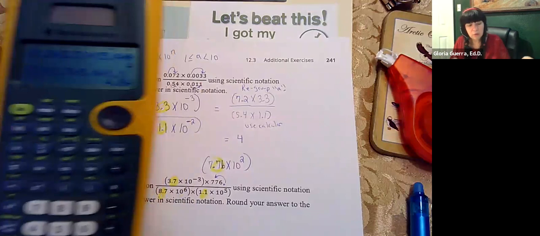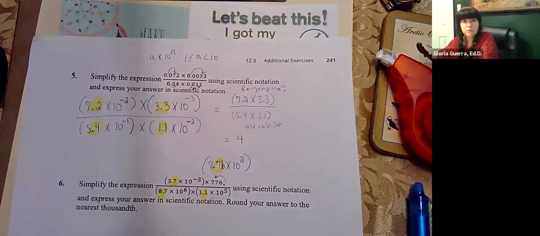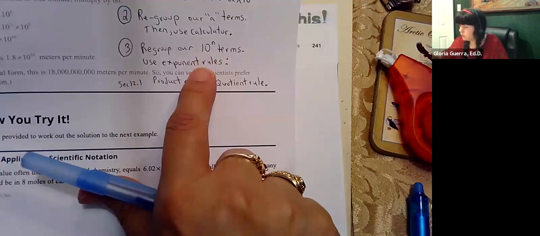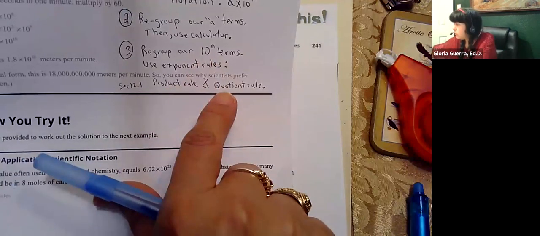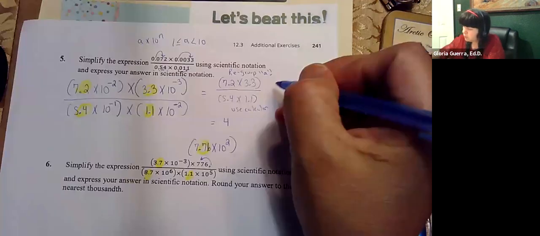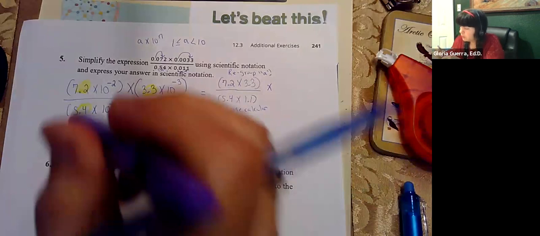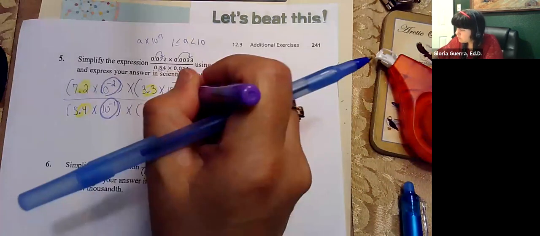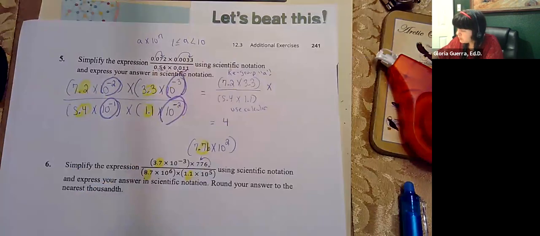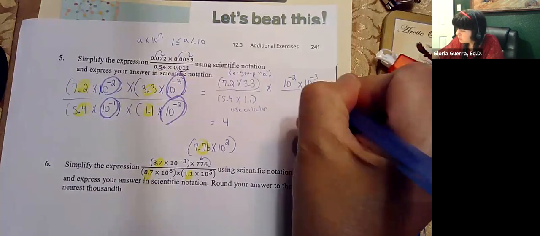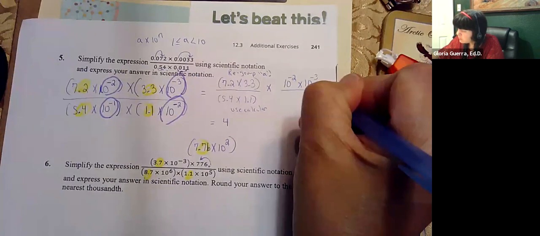Okay, and then you're going to regroup the powers of 10, and then you're going to use your exponent rules, the product rule and then the quotient rule. So I do that over here. Those, if I highlight those in purple, we're talking about these here. So you have 10 to the negative second times 10 to the negative third, all over 10 to the negative 1 times 10 to the negative second.